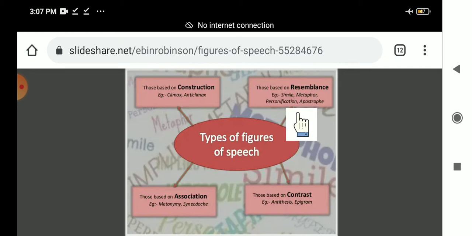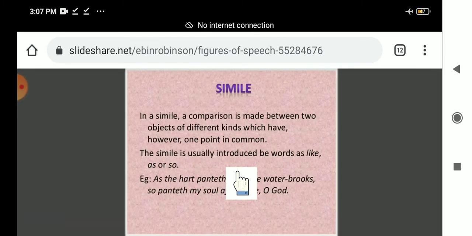These figures of speech are very important for us. Those based on association are called metonymy or synecdoche. Those based on contrast are called antithesis and epigram. These are the types of figures of speech. Then comes the first one, simile.